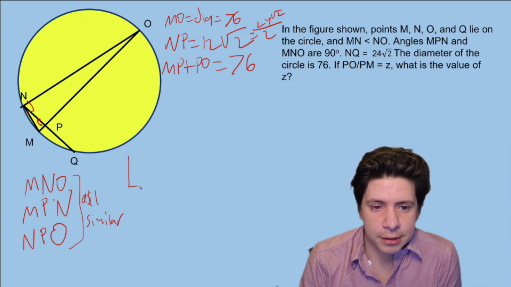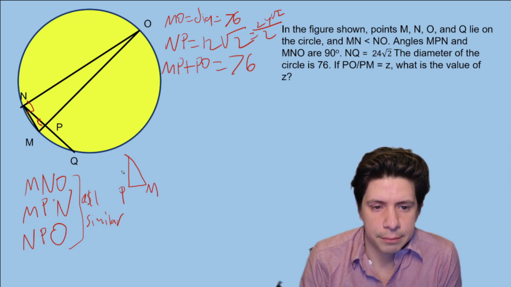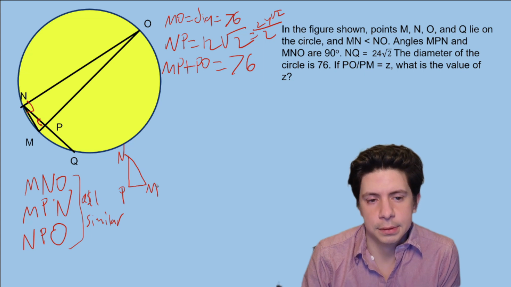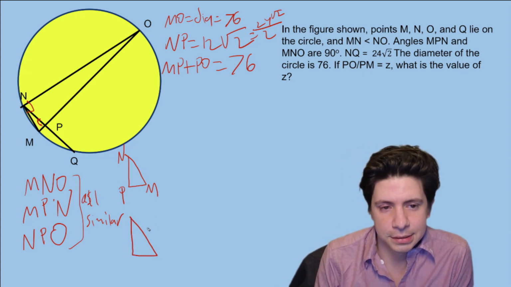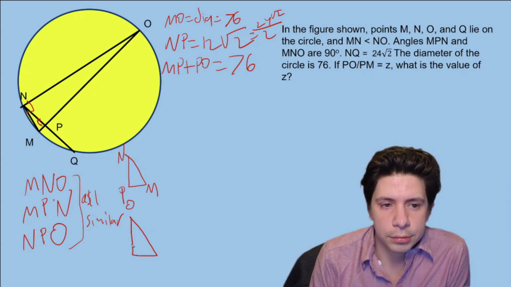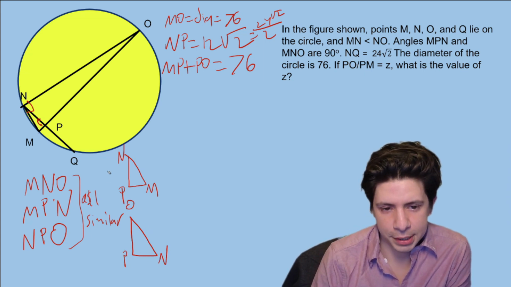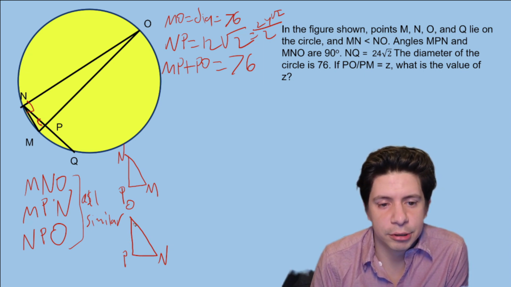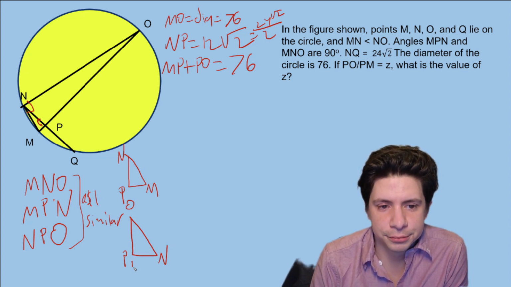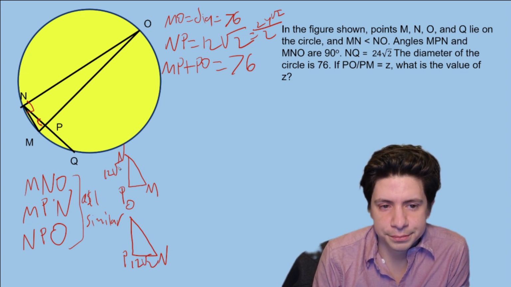So in one triangle we have M, P, and N. And in another triangle, which is going to look identical even though they're different sizes, is going to be O, P, and N, right? So OP, we don't know what it is, but we know what NP is, which is 12 root 2. And we know what NP is here, which is 12 root 2.